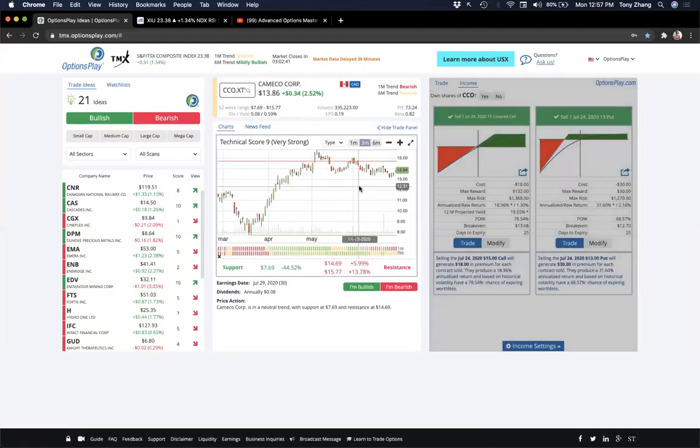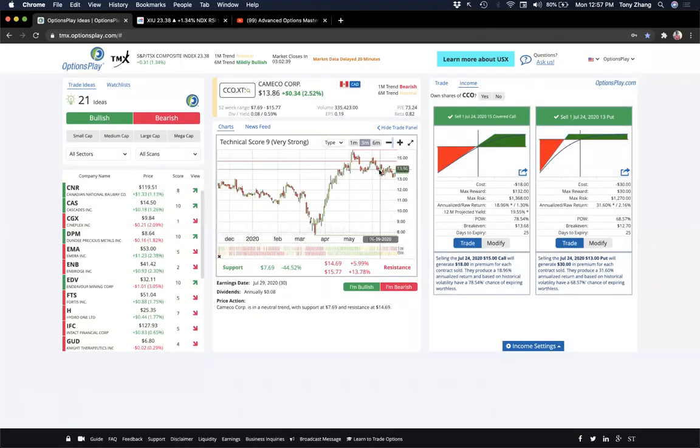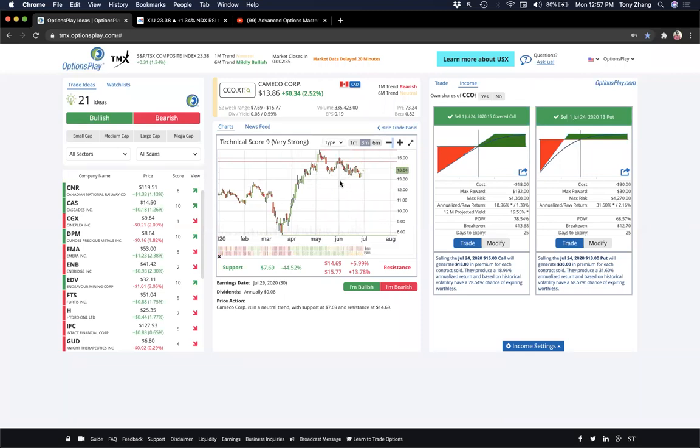CCO, Cameco. I don't know anything about this particular company, but one thing I will point out is that from a technical analysis perspective, you have this very strong rally followed by this recent consolidation period, of which, generally speaking, you get a breakout to the upside. And the breakout to the upside is usually based on the measured move of the previous move.